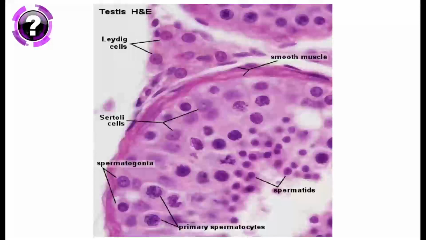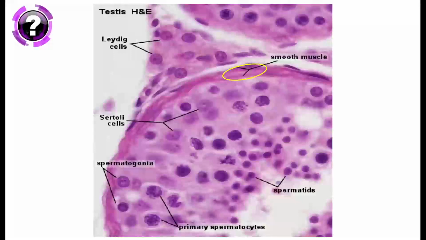The story starts with the wall of each seminiferous tubule, which contains smooth muscles, fibrous tissue, blood vessels and other types of cells. This is going to surround the section of the seminiferous tubule.